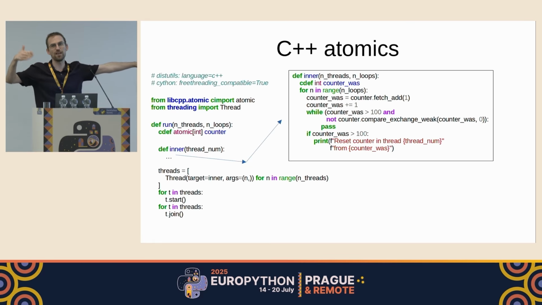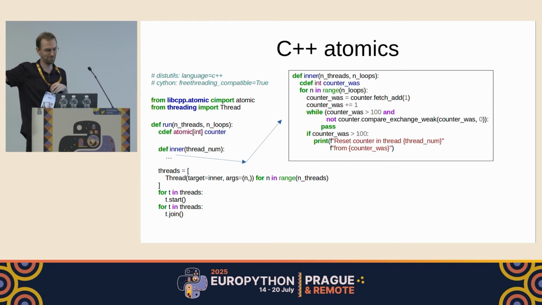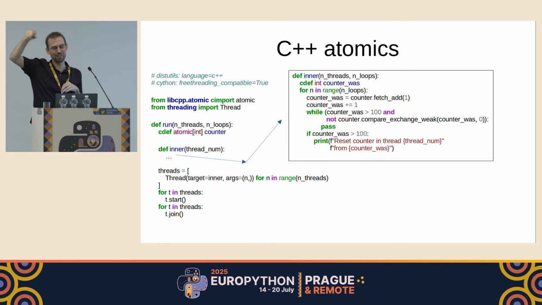You can do counter fetch add, that's adding 1 to the counter without checking it. What this code does is increment the counter to 100, and then reset it to 0, and there's a shared counter between the threads. It's all a bit pointless because the result isn't terribly useful, but it just goes round a few times.